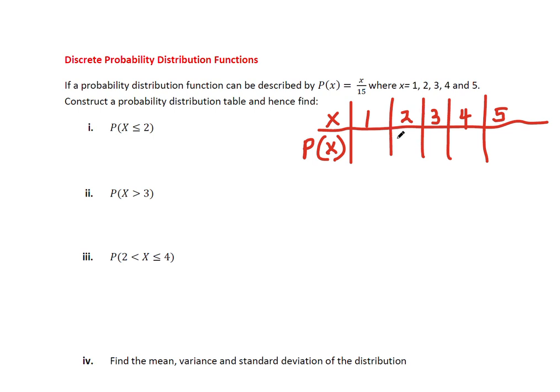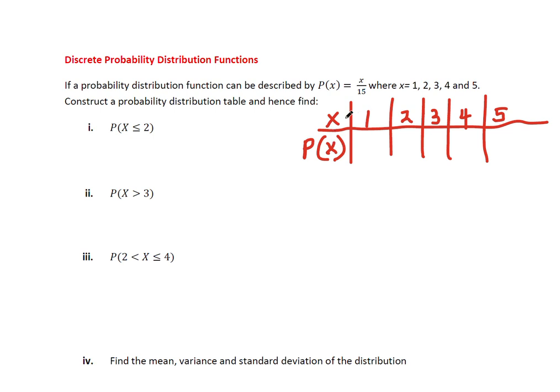And it is now our responsibility to determine the probabilities that are associated with each of these numbers. Now we are given the probability function here, P of x equals x over 15. So all we're going to do is substitute each of these values of x into this probability distribution function so that we can calculate the probabilities.